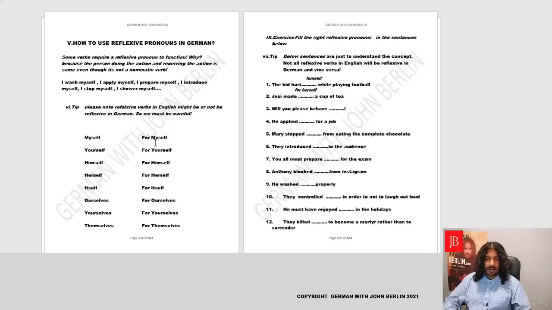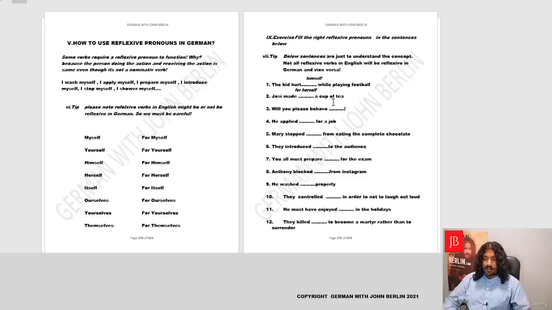So the quick idea I could give you to identify should it be myself or for myself: if the accusative part of a sentence is a person, like in this sentence the kid hurt himself, whom does he hurt?